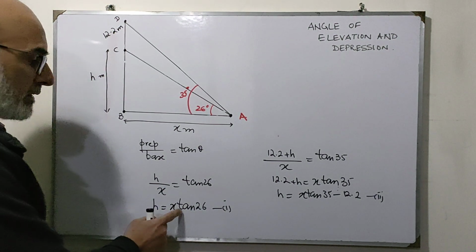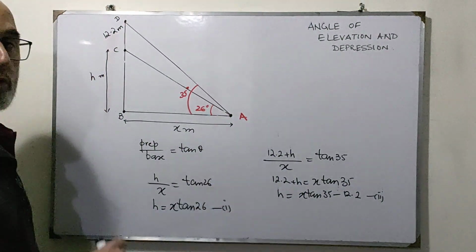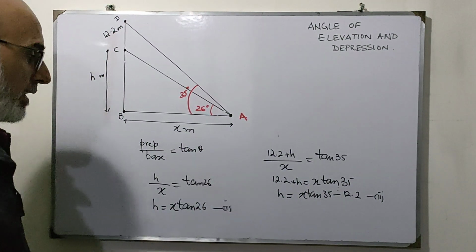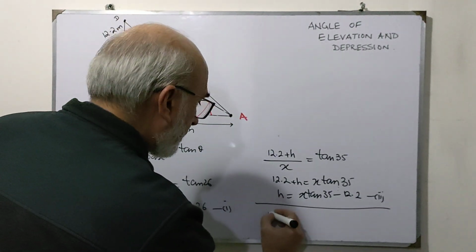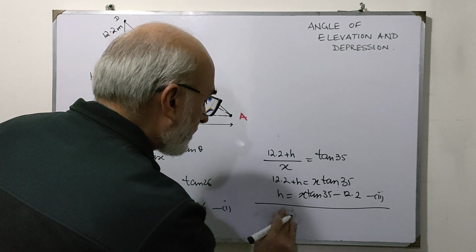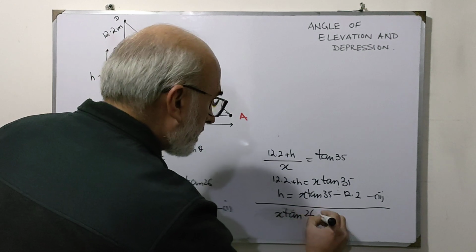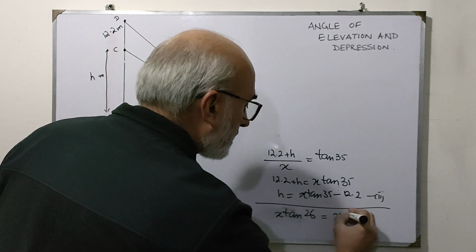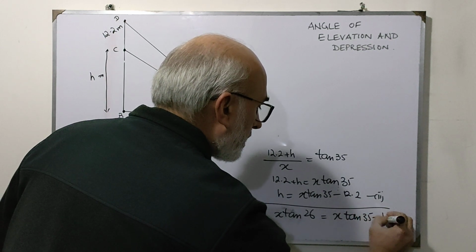I can take this equal to this, because the left hand side of both equations is the same. So x tangent 26 is equal to x tangent 35 minus 12.2.